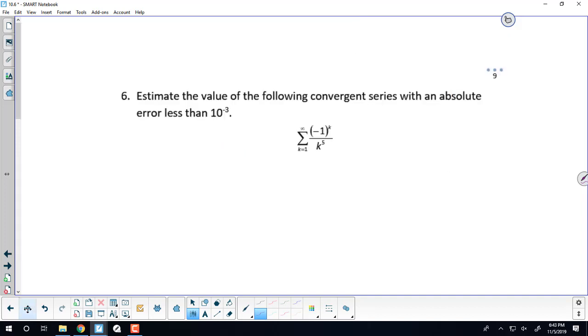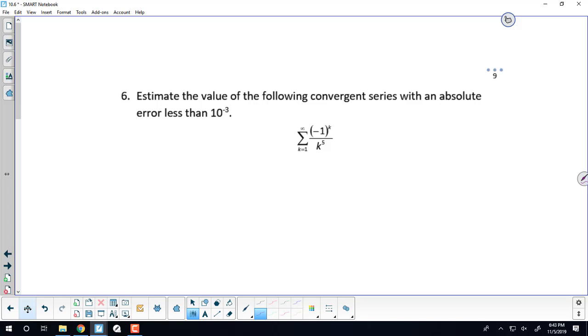So the way that shows up here is they give you a particular series and they say, estimate the value of the series so that the error is no more than 10 to the negative 3 or 10 to the negative 5.